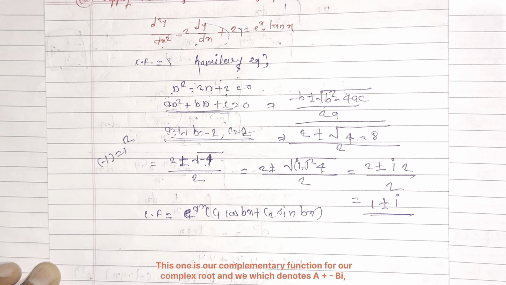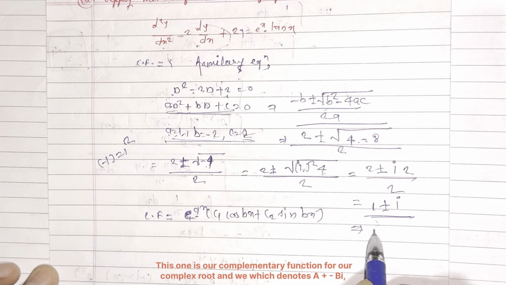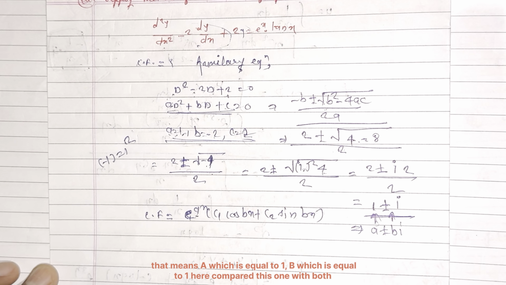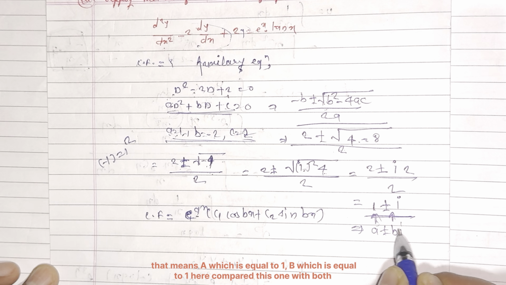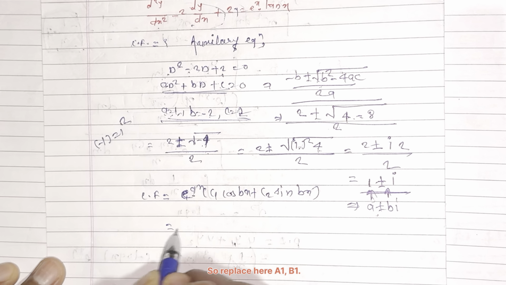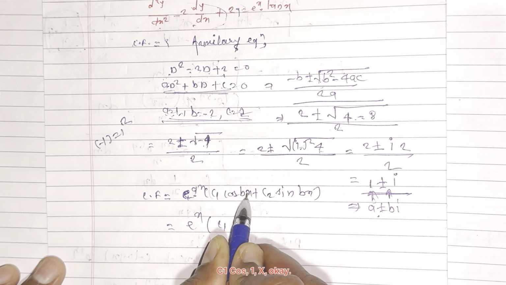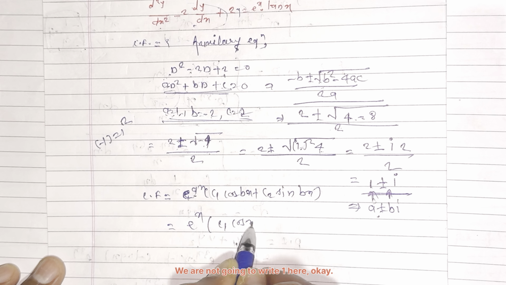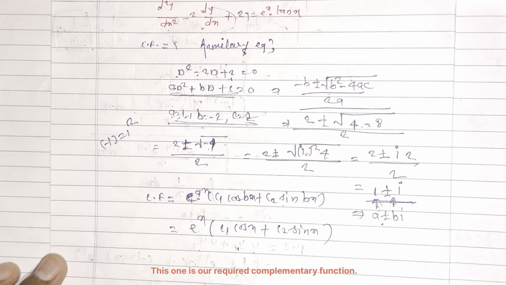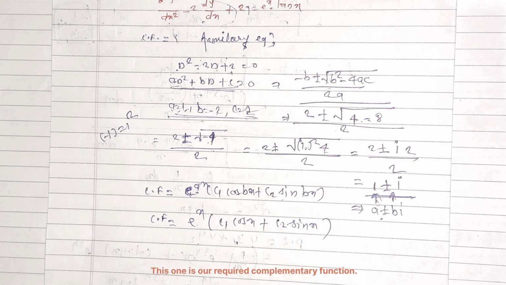Comparing, a equals 1 and b equals 1. Replacing them, we get e raised to x, c1 cos x plus c2 sin x. This is our required complementary function.